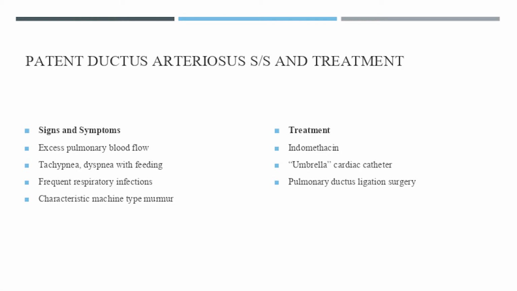If you're already getting this mixed blood that is lower in oxygen than regular blood, of course you're going to become more tachypneic and dyspneic, or short of breath, breathing more rapidly when you feed. Other signs and symptoms include frequent respiratory infections, and we can understand why. And one of the hallmarks is a machine-type characteristic murmur that we will auscultate in this child's heart.